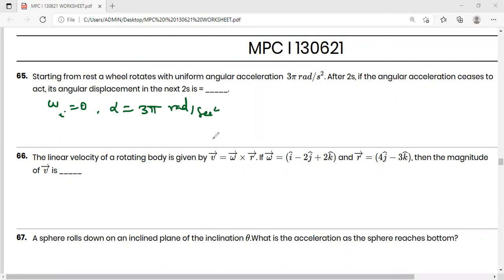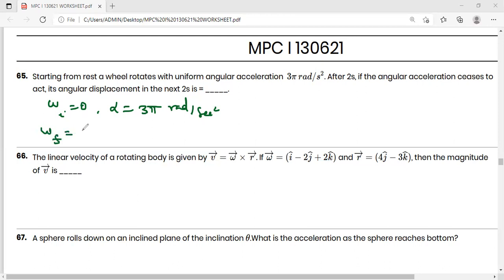Its angular displacement in the next 2 seconds is asked. That means alpha was not there after 2 seconds. But in these 2 seconds, from initial omega it reaches some particular value. First of all, you try to calculate the final value of angular velocity.